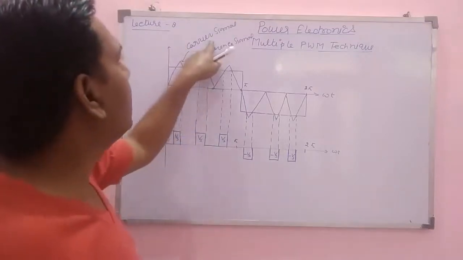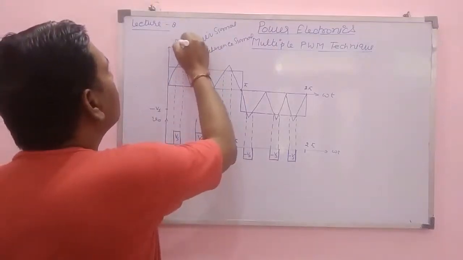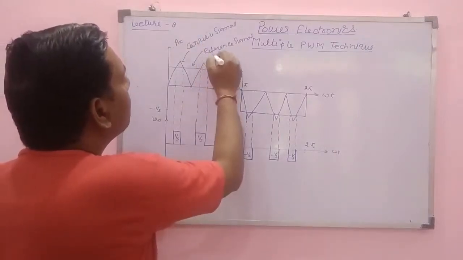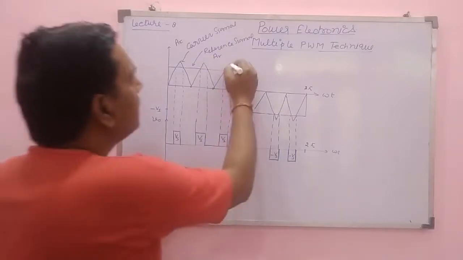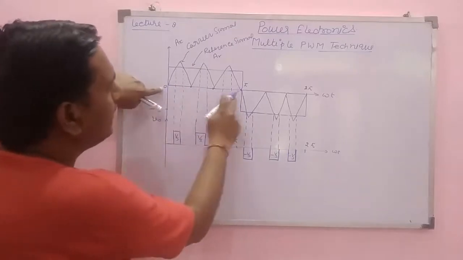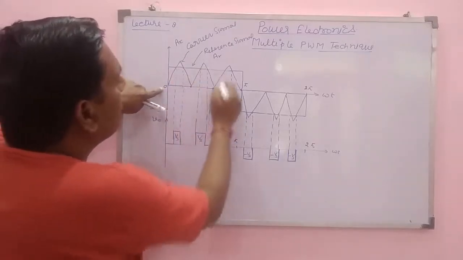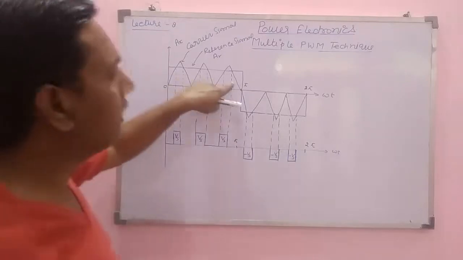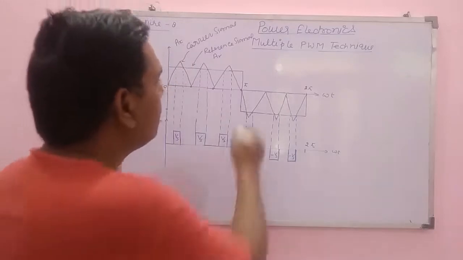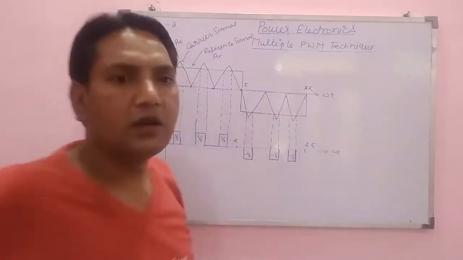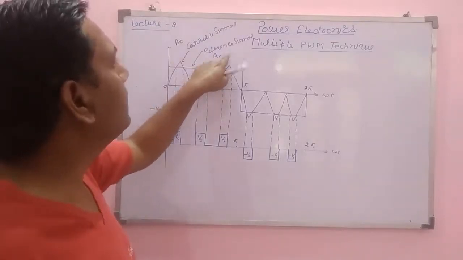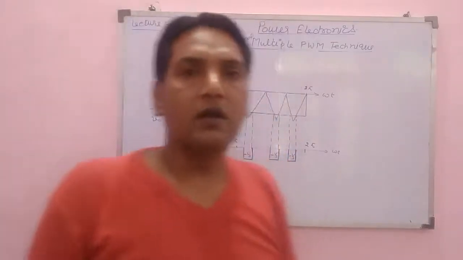You know that the carrier signal has amplitude AC and the reference signal has amplitude AR. From 0 to pi, that is in the half cycle, there are multiple cycles of the carrier signal. Similarly from pi to 2 pi, in the next half cycle, there are multiple cycles of the carrier signal.